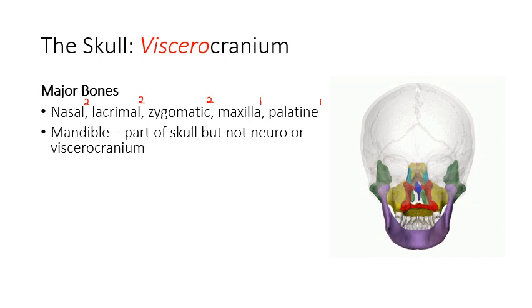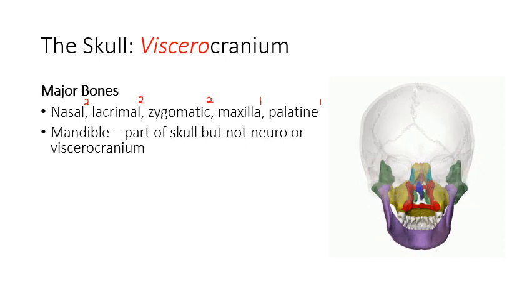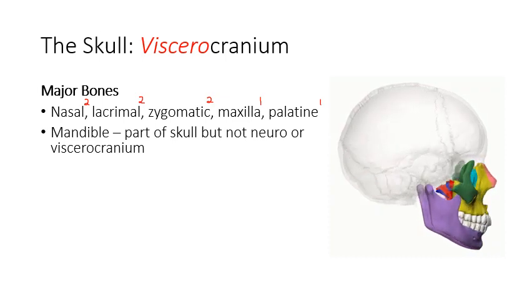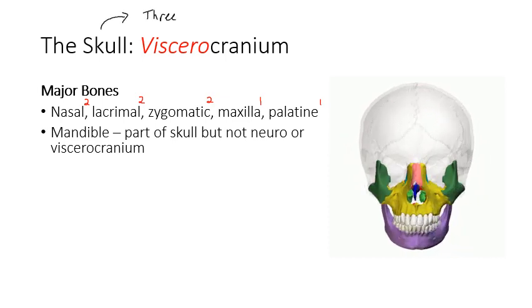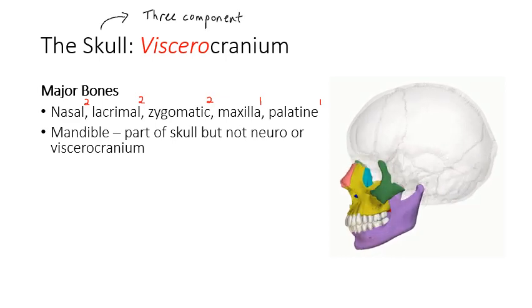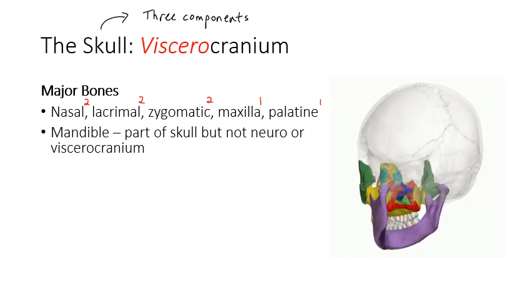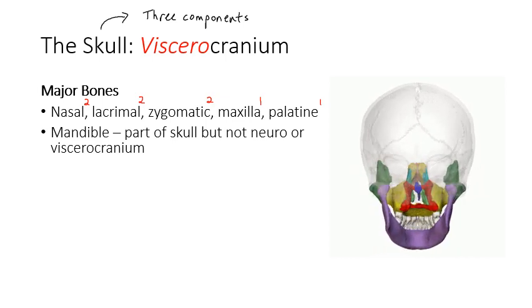The mandible, as I've pointed out, when we look at the skull, I'm going to write that in up top because I've said it. The skull, I said, had three components. Okay, we have three components.